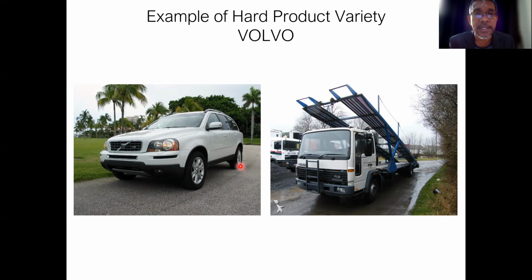So they make one for normal use, this one for heavy use. So you can say this is hard product variation for the Volvo. They might have a separate line for manufacturing of this one.